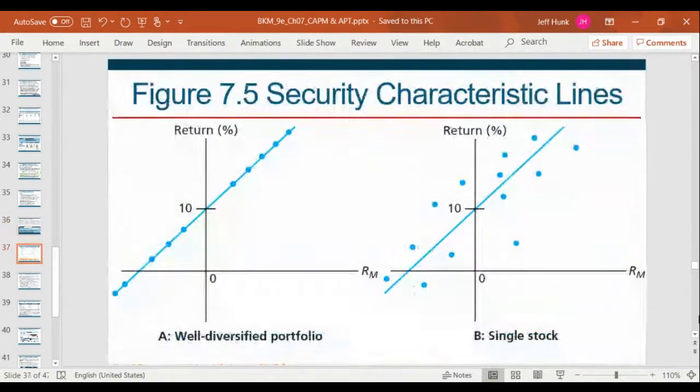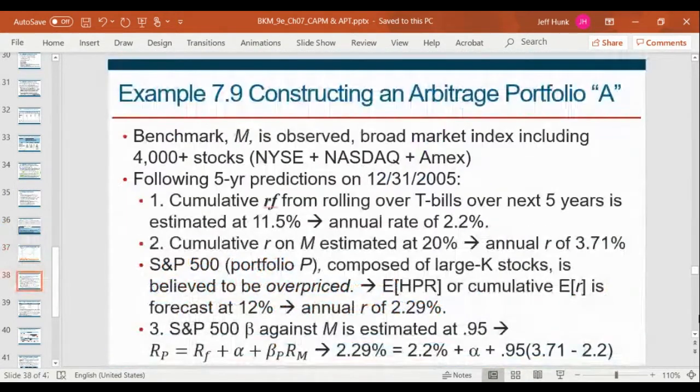So I think we should take a look at the example if possible first. I will switch between this example and the theoretical model as we go along. So benchmark M is an observed broad market index including 4,000 plus stocks.